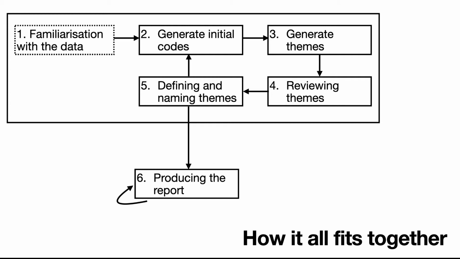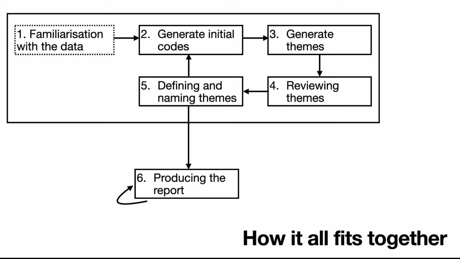I think we want to represent familiarisation with data, so we need to be aware of what the data is that we're working with, and that familiarisation with the data encompasses the next steps, which are generating the initial codes, generating the initial themes, reviewing those themes, and then naming and defining them before moving towards producing the report. Of course, we can iterate over the codes and themes multiple times if we need to.